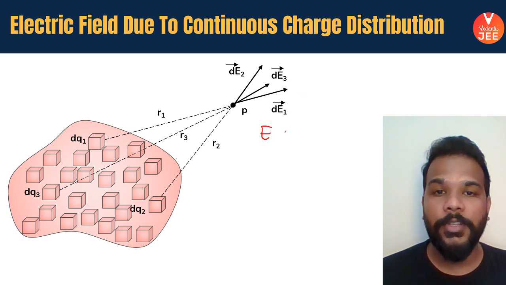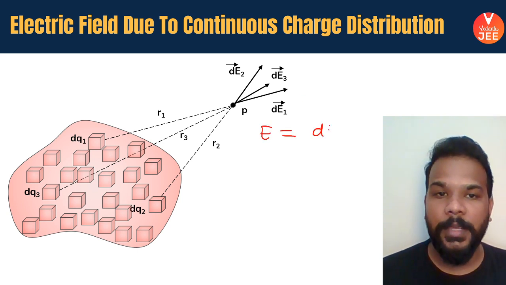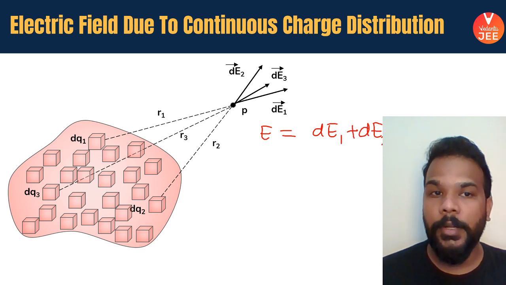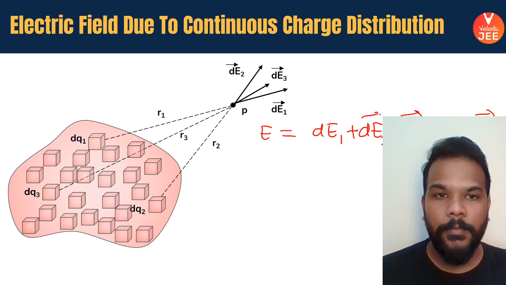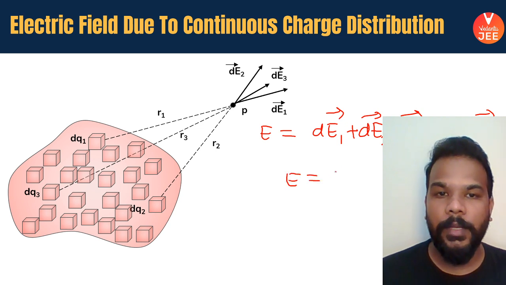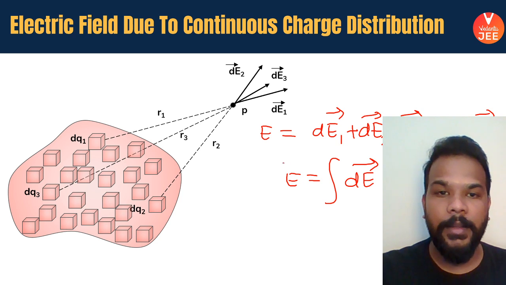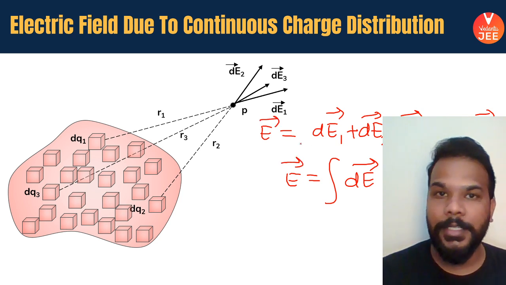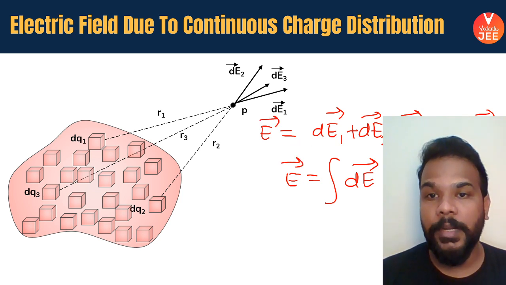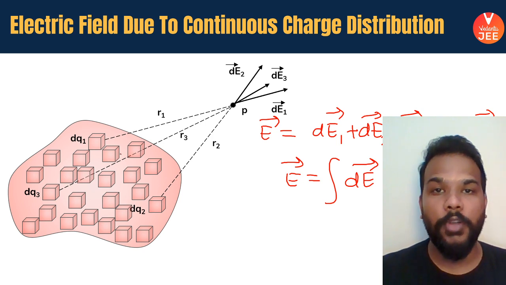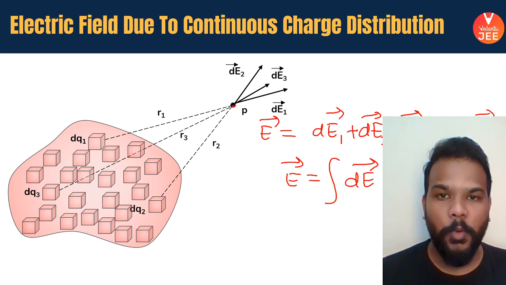Integration is basically the process of adding the electric fields vectorially due to all the charge elements. Yes or no, guys? Because these are all vectors, we'll be integrating the electric field due to all the charges, and we'll be able to find the electric field because of this entire continuous charge object at this point.